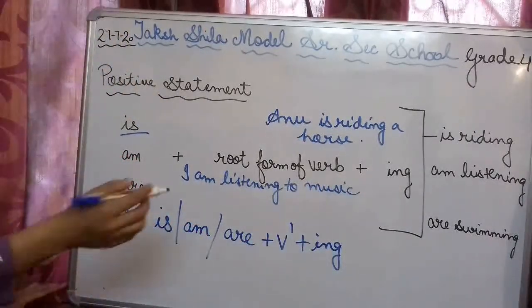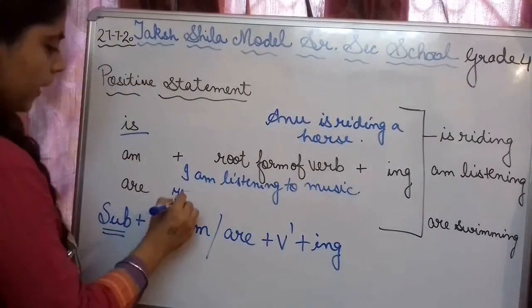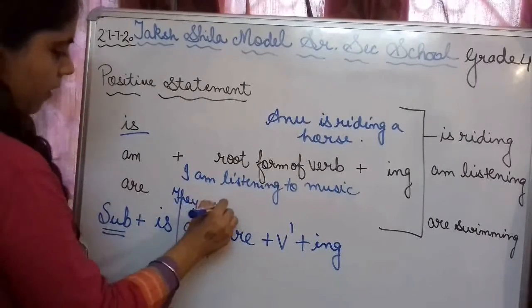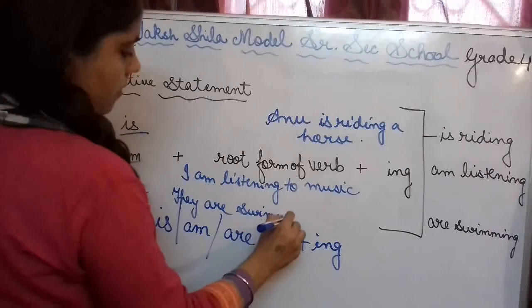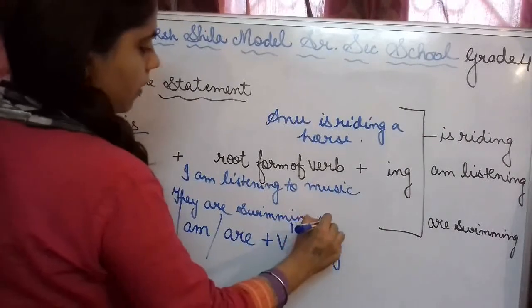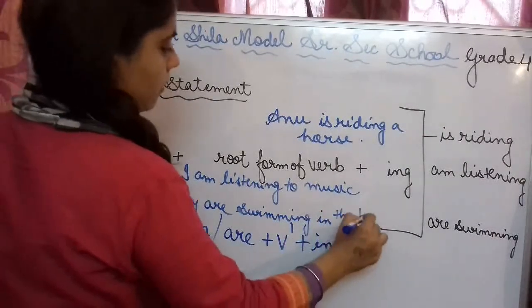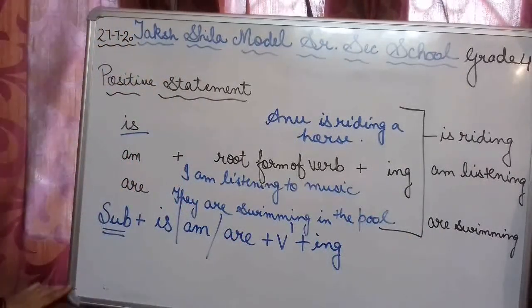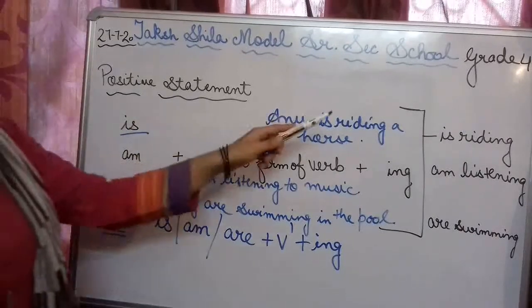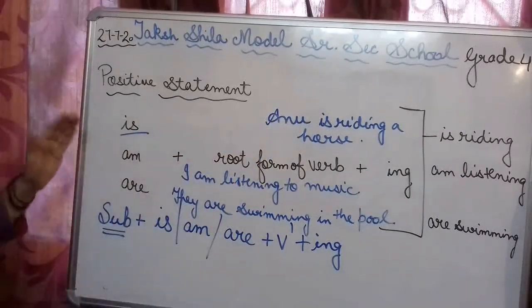Next, they are swimming in the pool. Clear? Is it clear to you? Anu is riding a horse. So this is how we make the statement.